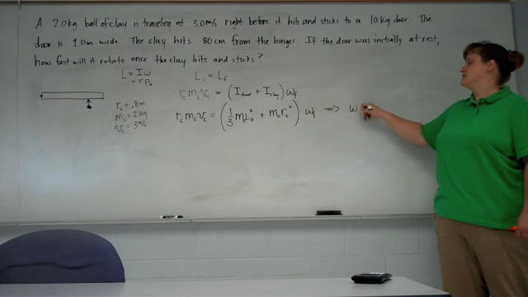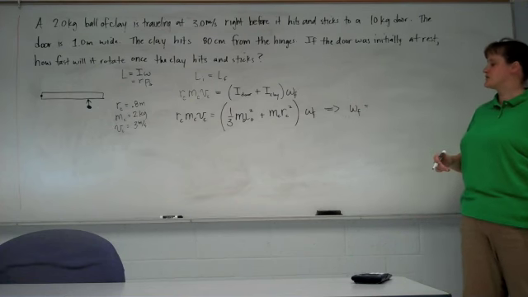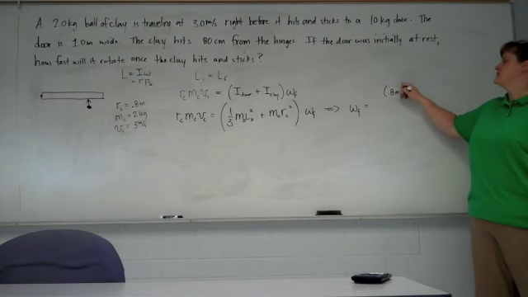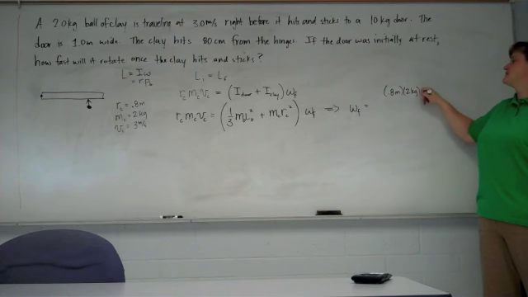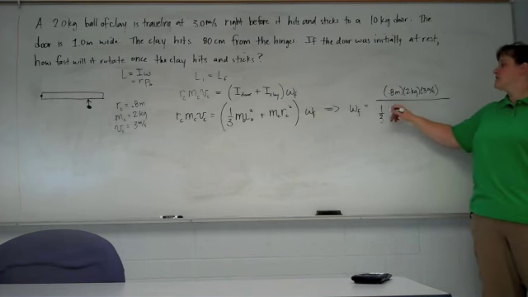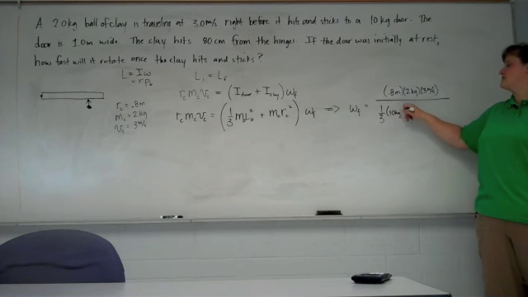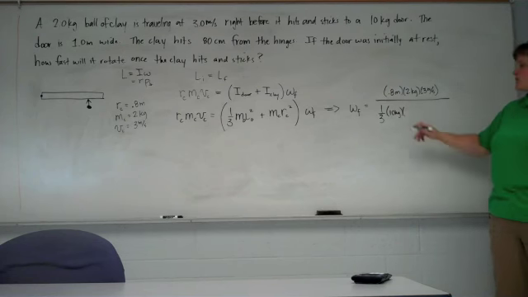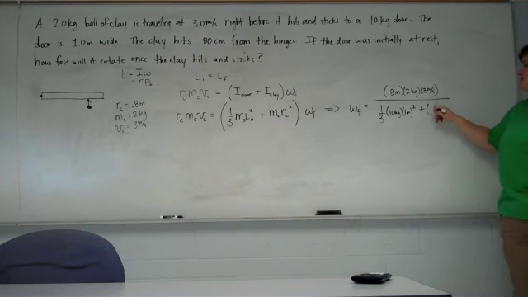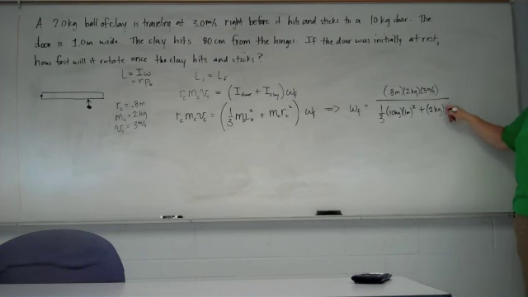So omega final, the rotation rate after the clay hits, will be the R m V, so the 0.8 meters times the 2 kilograms times the 3 meters per second, all over 1/3, the mass of the door was 10 kilograms, the length of the door is 1 meter, plus mass of the clay is 2 kilograms, R is still 0.8. It stays where it hits.